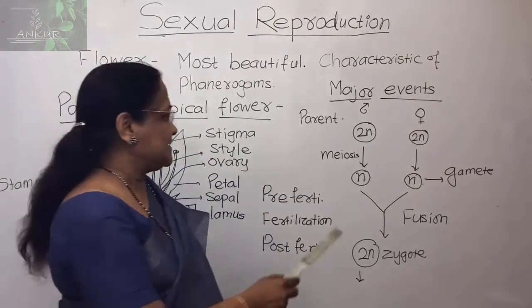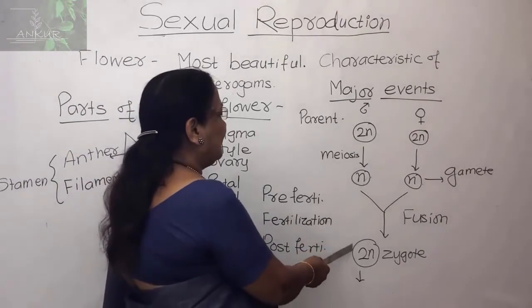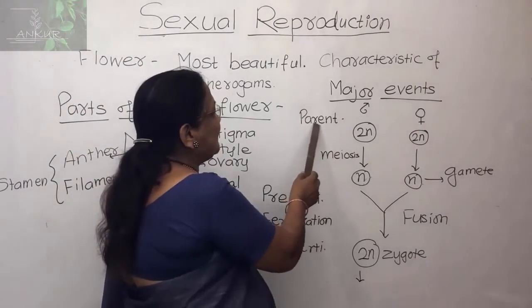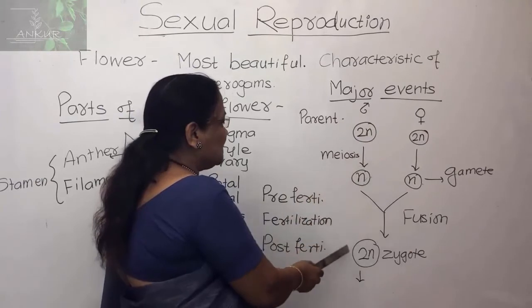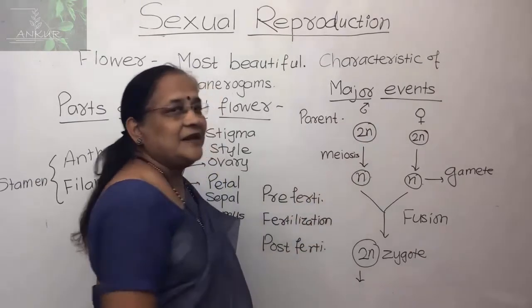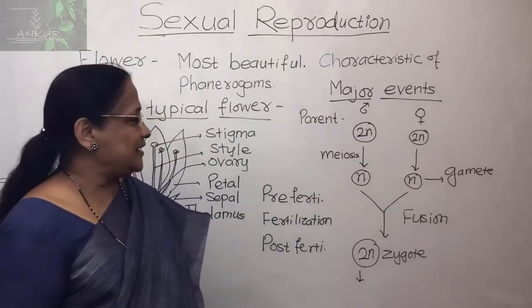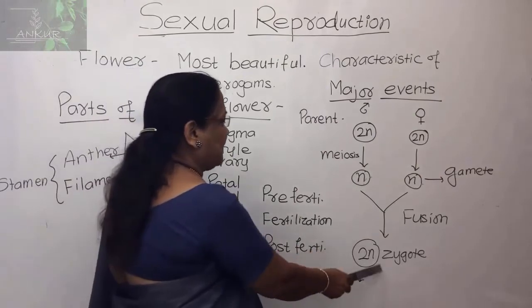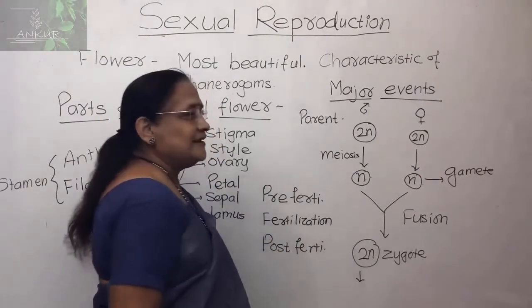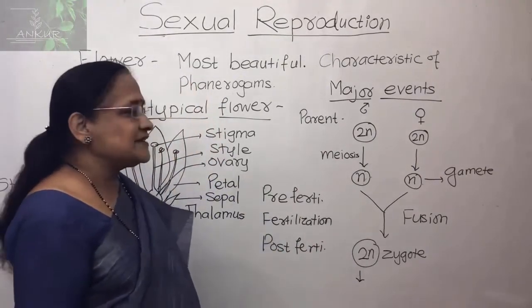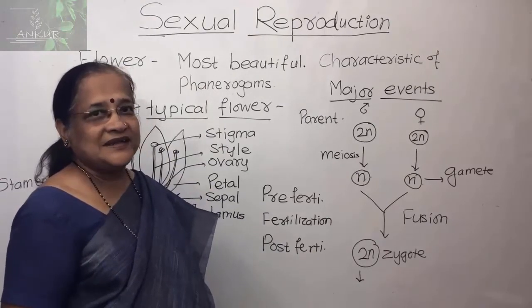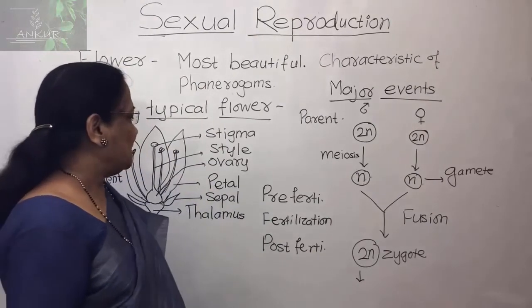After fertilization we again get the same chromosome number as the parent, the diploid 2n number, and that structure formed is called the zygote, and from this zygote after embryogenesis we get the new plant.